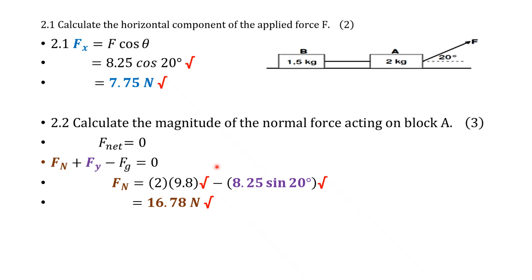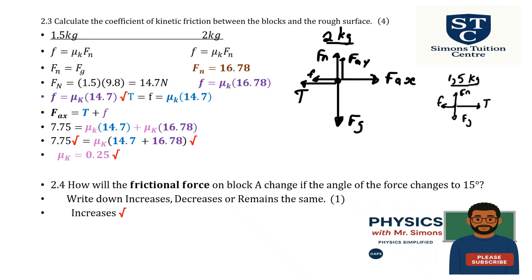So 1 mark for force of gravity, 1 mark for force in the Y direction, and 1 mark for the answer. So I hope we're following so far. Right, let's look at the next question. Now 2.3, they say calculate the coefficient of kinetic friction, meaning we want mu k, between the blocks and the rough surface.